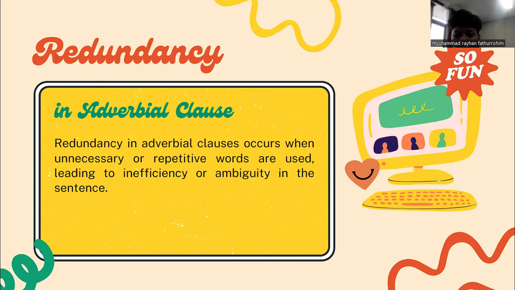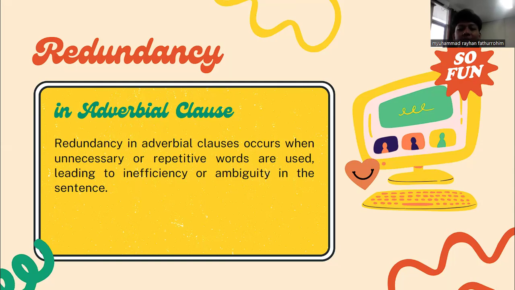The second expert, according to Leech in 1989, says an adverbial clause is a subordinate clause which acts as a statement of the main clause. Meanwhile, according to Parrott 2000, an adverbial clause is a category of subordinate clause that connects with the main clause and provides information about the main clause.